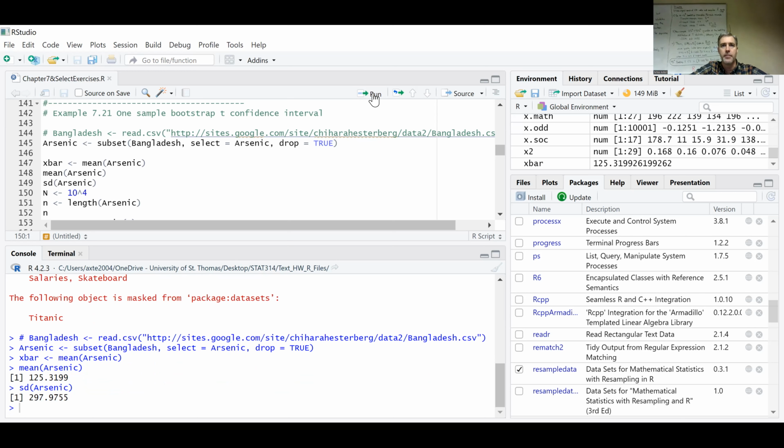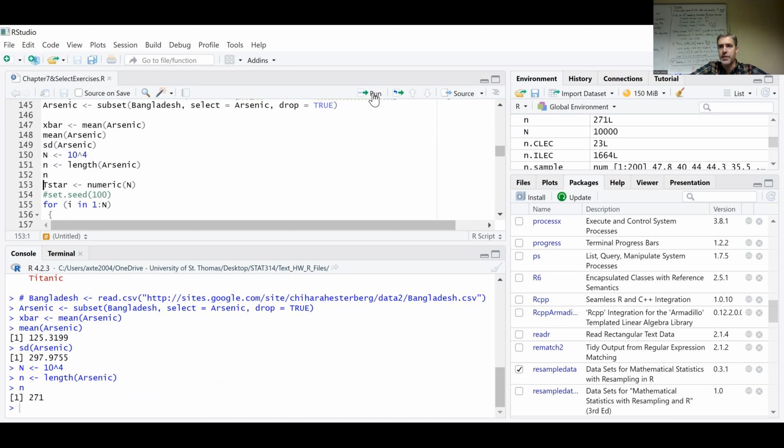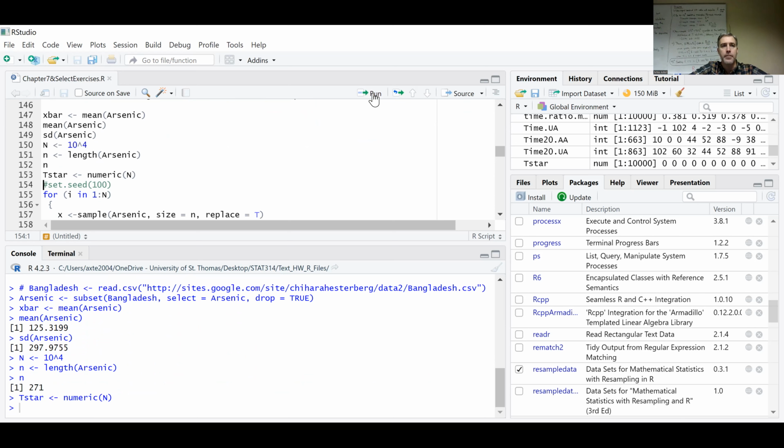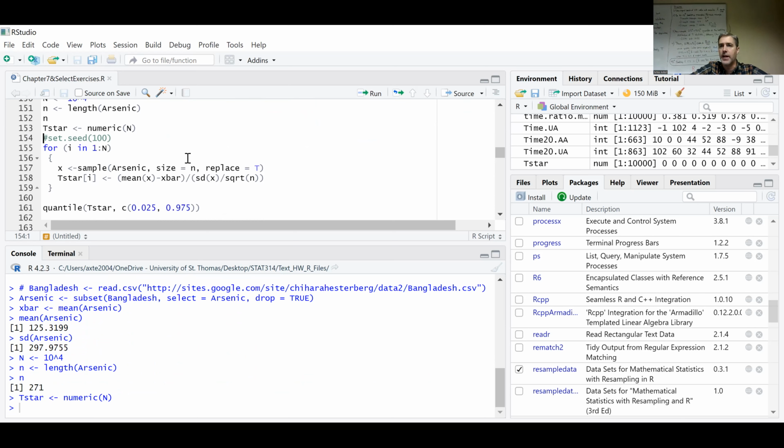And then I'm going to bootstrap this thing apparently 10 to the fourth time, so 10 to the fifth might take too long. And by the way, n is those 271 wells, and I'm going to create a vector to record my bootstrap T statistics, calling it T star on line 153. Okay, so now lines 155 through 159 is my actual bootstrapping.